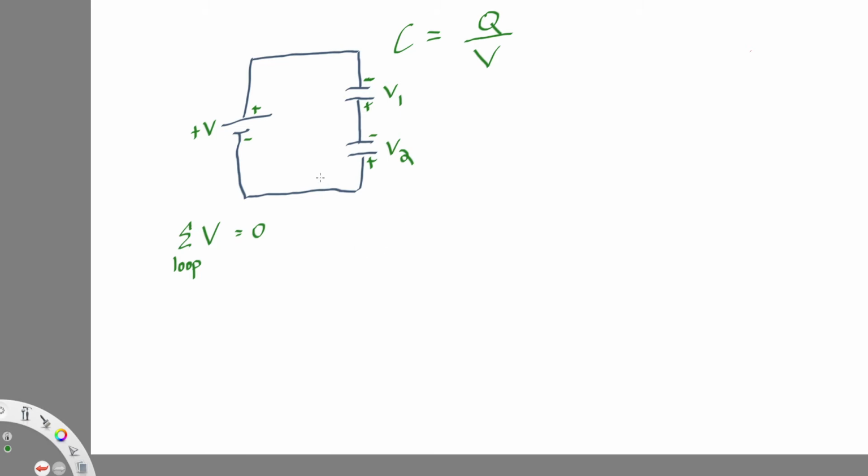No, sorry, let's back that up, reverse it. The voltage from the battery is what causes the capacitors to bias, to separate charge. So we use up some of that voltage to separate charge over capacitor 1, and some of the voltage to separate charge over capacitor 2.